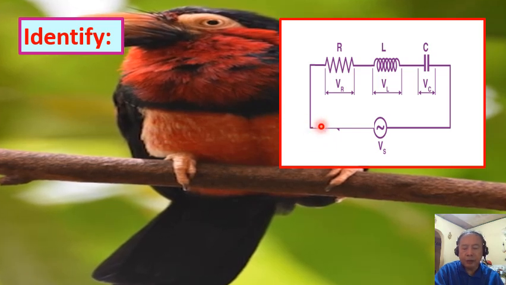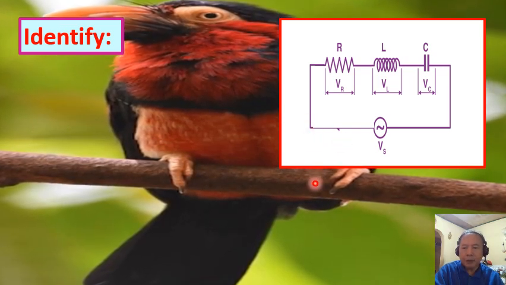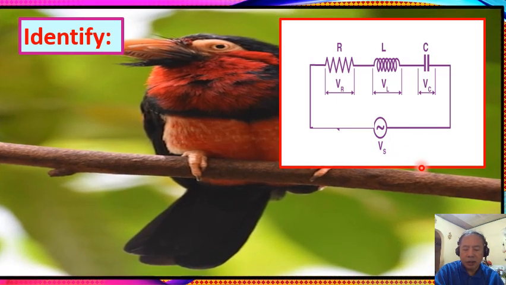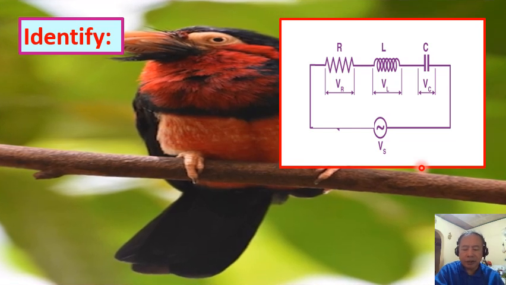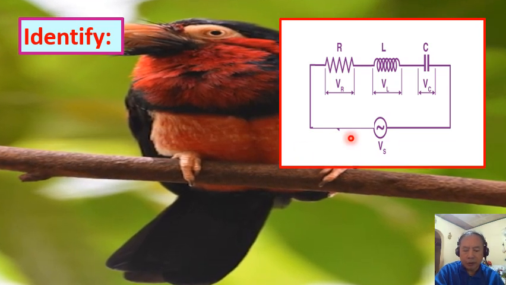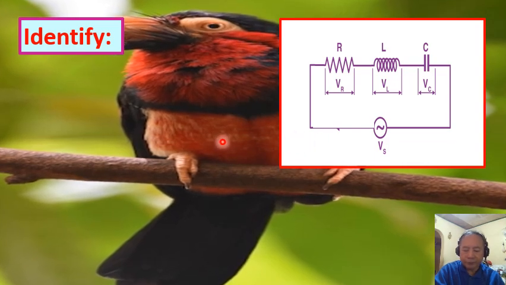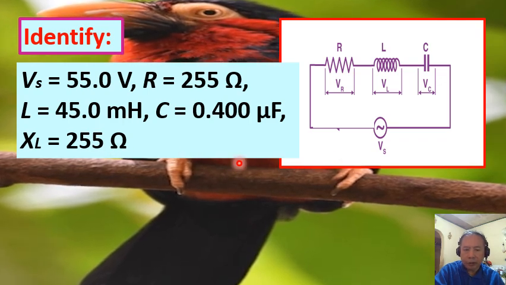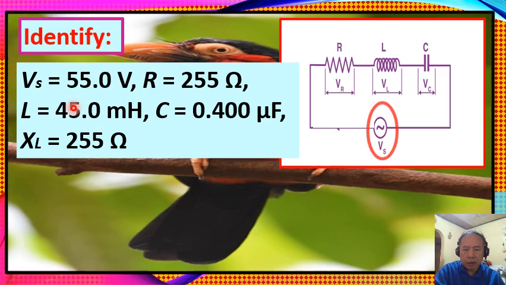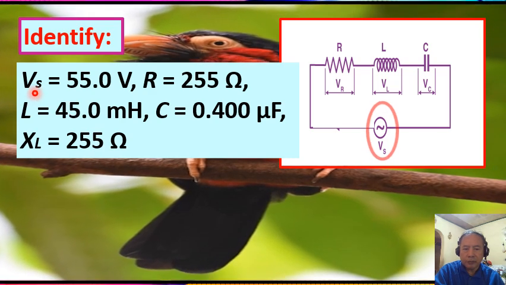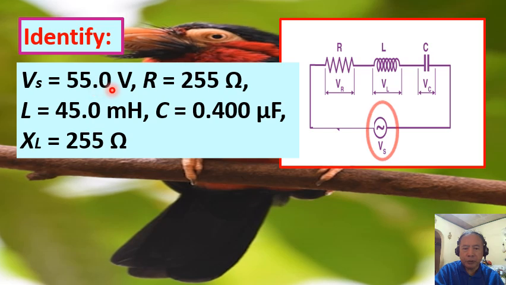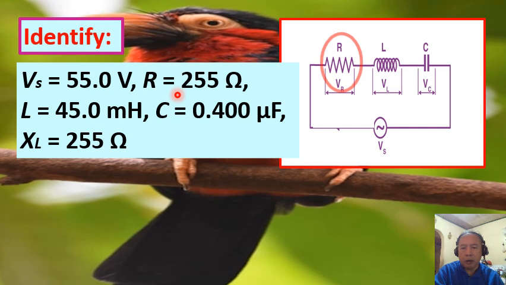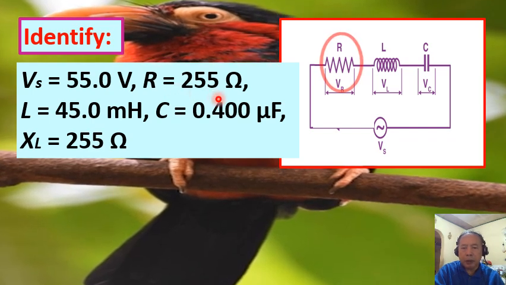As shown in the figure, we have the circuit diagram of an RLC AC circuit, consisting of a voltage source with a source voltage Vs equal to 55.0 volts. And the resistance big R is 255 ohms.